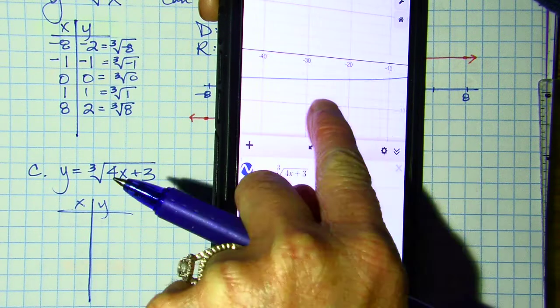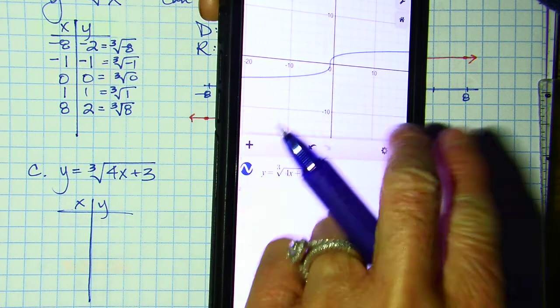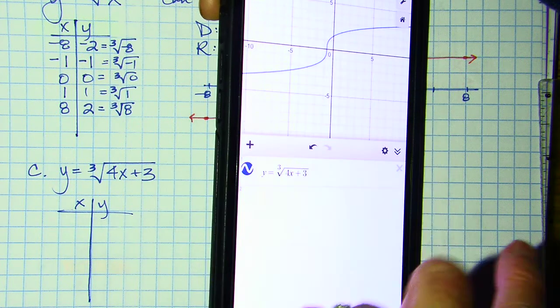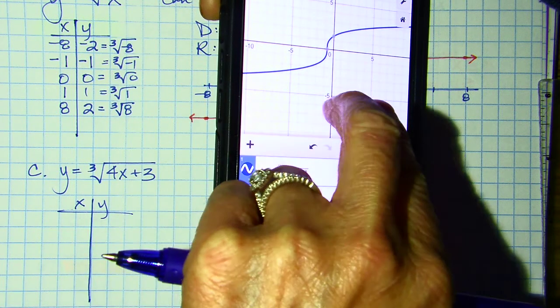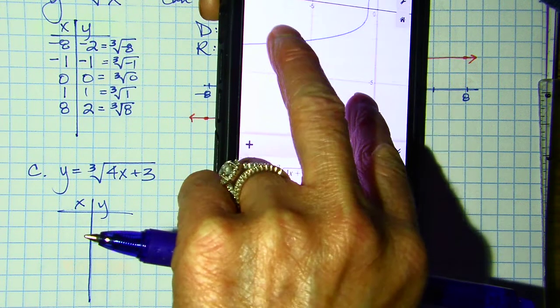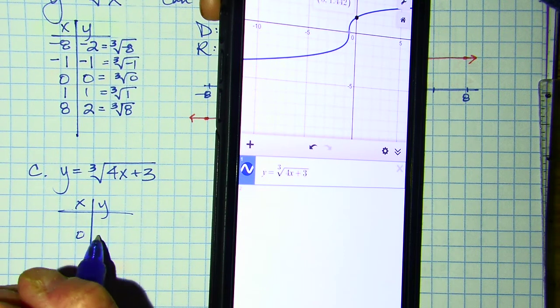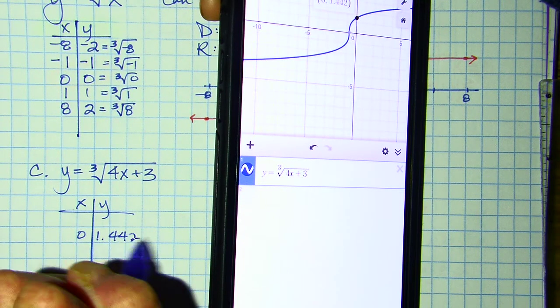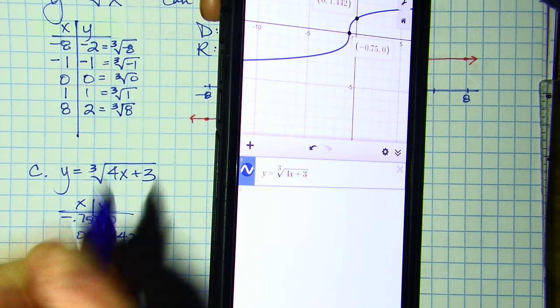Let's see if I can find a nice point over here, though. It looks like if I zoom in, I've got, oh, not that many. I don't really have any nice points. I have 0 and 1.442. This point here is negative 0.75 and 0.